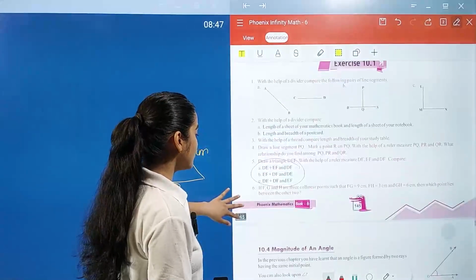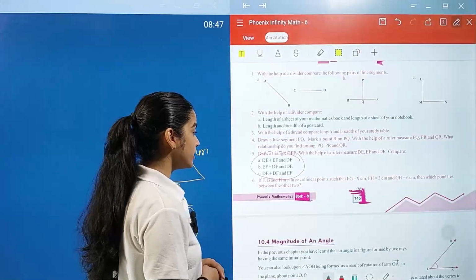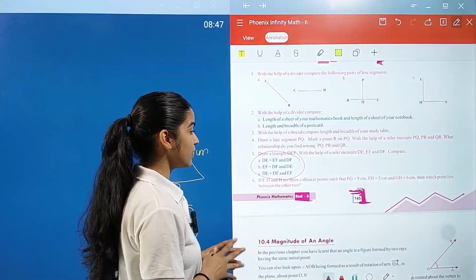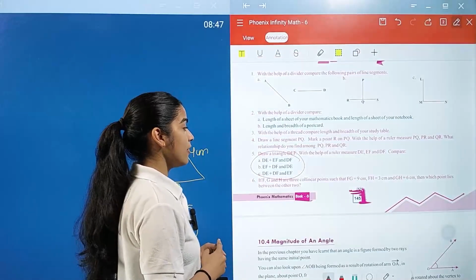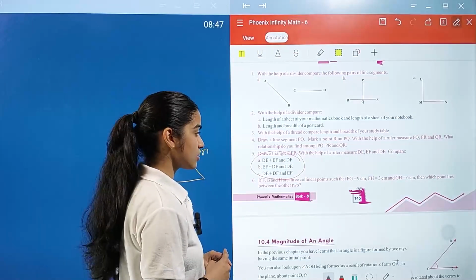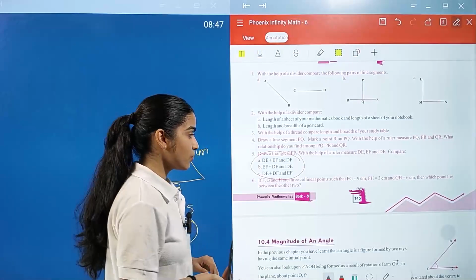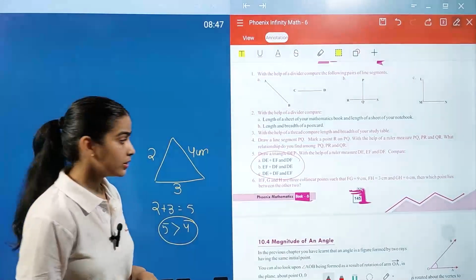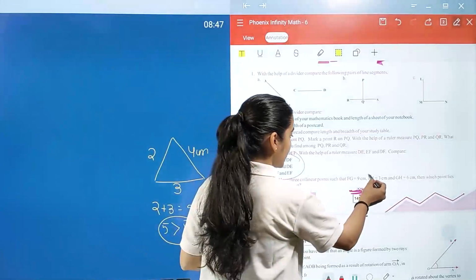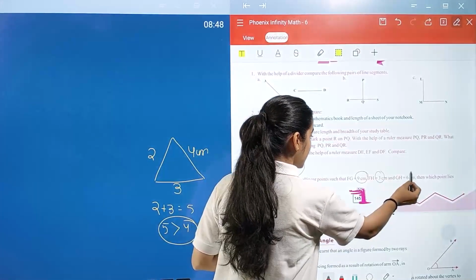Now, if F, G and H are three collinear points such that FG is equal to 9 centimeter, FH is equal to 3 centimeter and GH is equal to 6 centimeter, then which point lies between the other two? So this is your 9 centimeter, 3 centimeter and 6 centimeter.